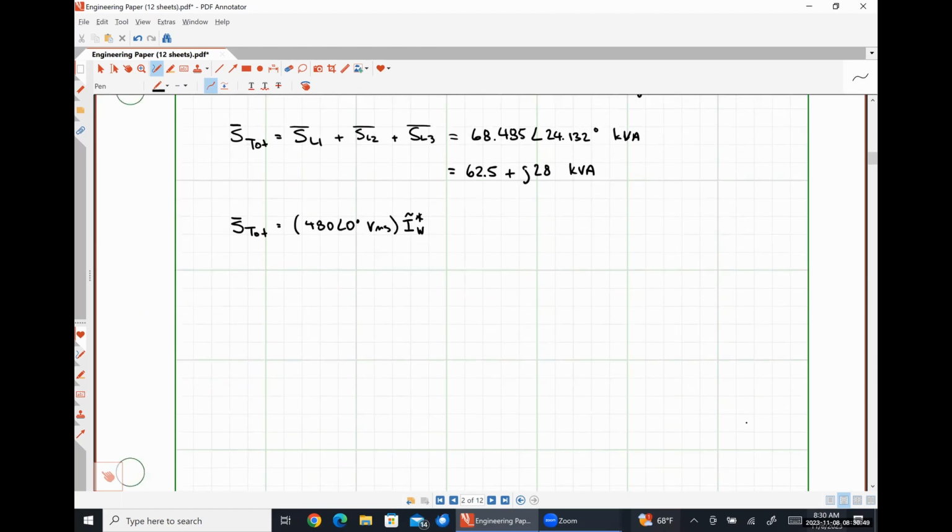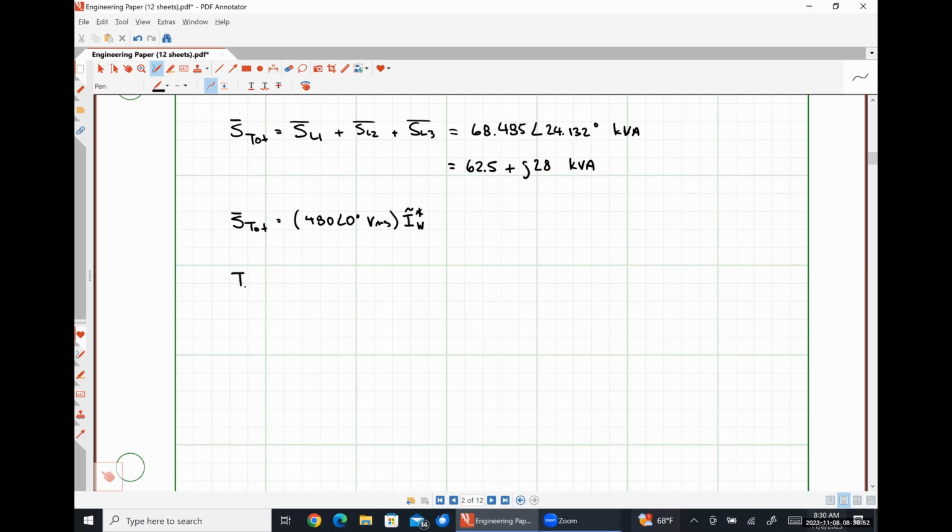I can rearrange this and find that I wire conjugate is going to be S total divided by that 480 angle 0 degrees volts RMS. And in order to get rid of the conjugate on my current, I'm going to effectively do the conjugate of both sides. So if I double conjugate something, I'm just changing the sign on the imaginary part twice, which is the exact same thing as getting rid of that conjugate operation on the current.